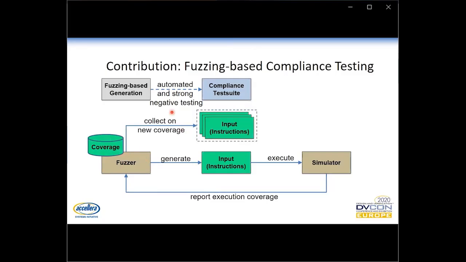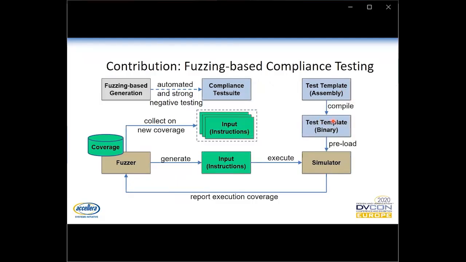And whenever new coverage is collected, then we put these newly identified inputs and collect them in this set of instructions. Furthermore, we need a test template, which is assembly. Of course, it has to be compiled down and preloaded in the simulator.